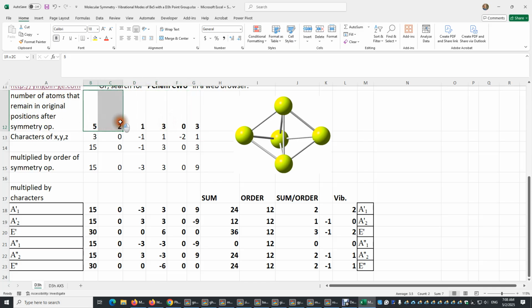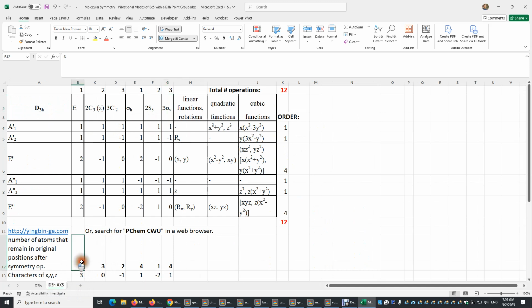Just add 1 to every single number here, because the center atom never moves. The center atom of a structure never moves after you do any symmetry operation. So it's going to be 6, 3, 2, 4, 1, 4.